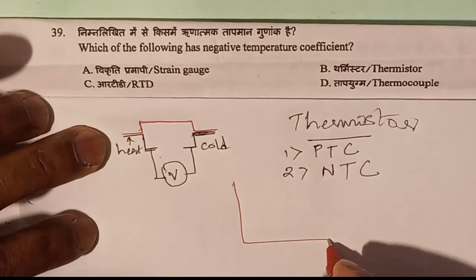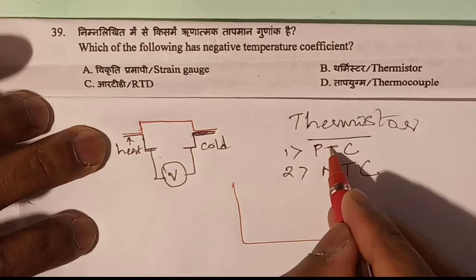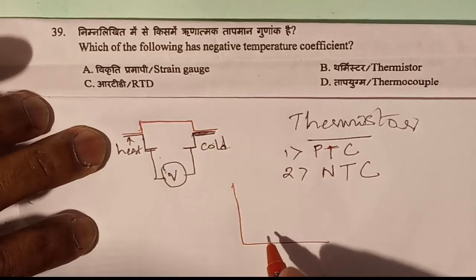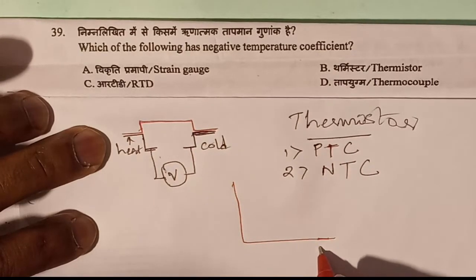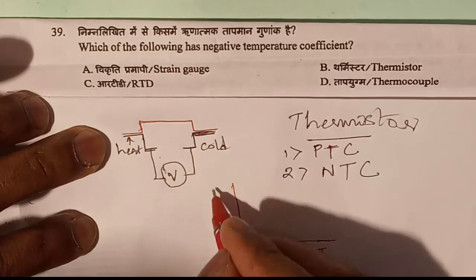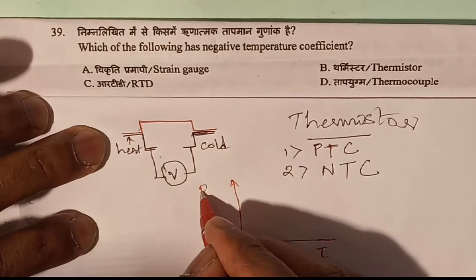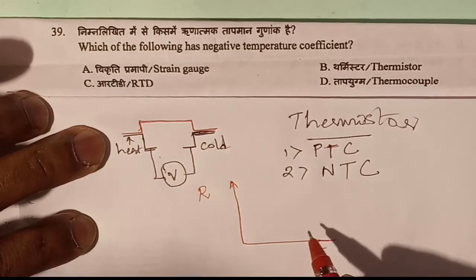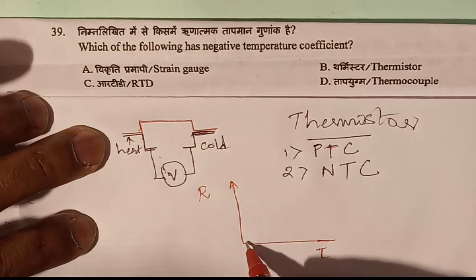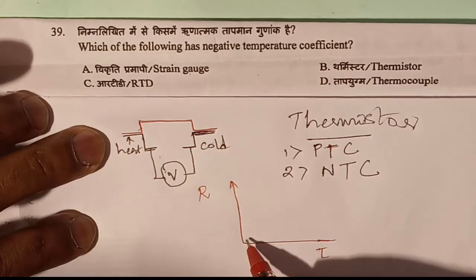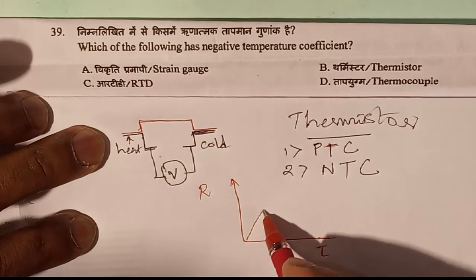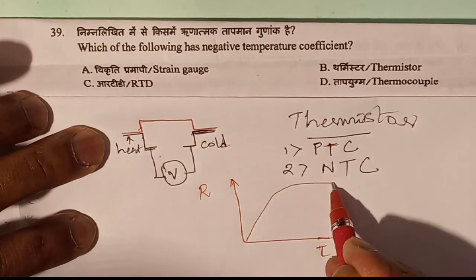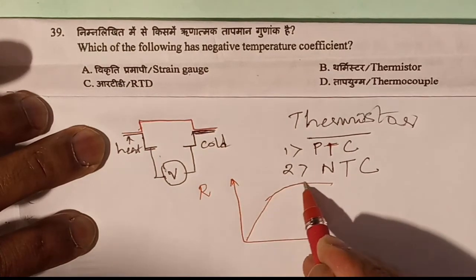So what is the positive temperature coefficient thermistor? If you take this as temperature and this as the resistance, for a PTC thermistor, with the rise in temperature, the resistance increases.